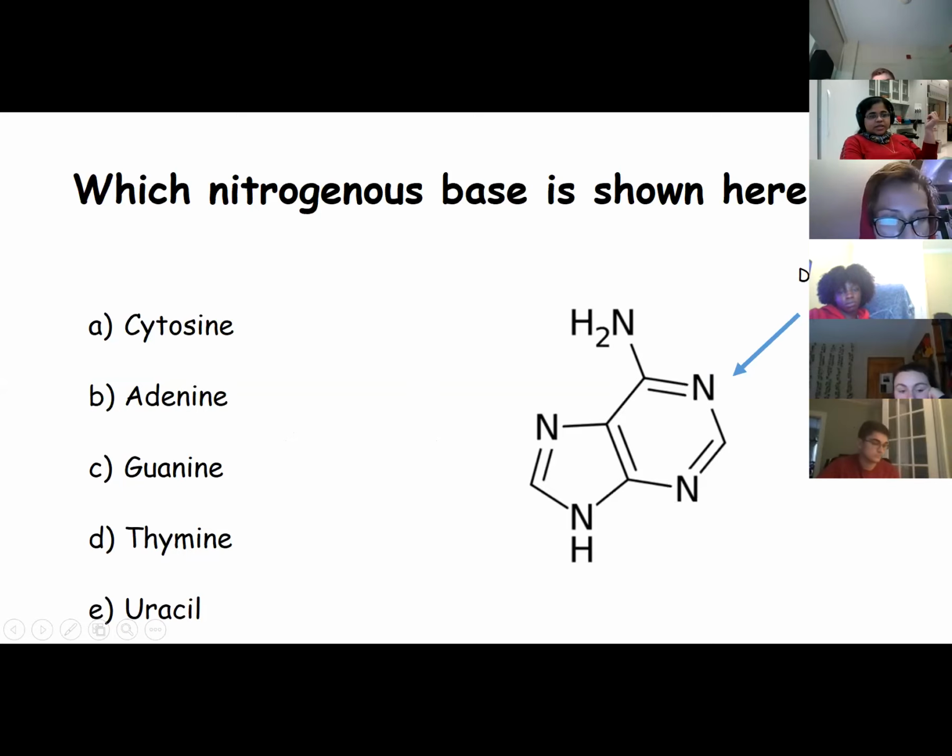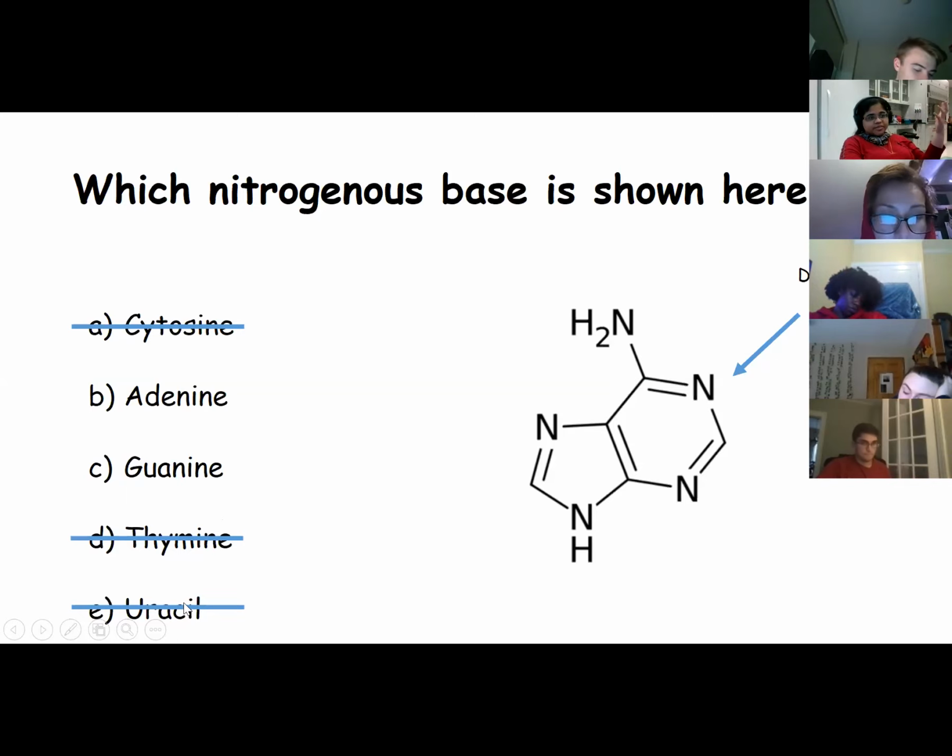So once we see purine, we cancel out cytosine, thymine, and uracil, because those guys are pyrimidines, which are single structured. And then you go into the differences between adenine and guanine. With guanine, you should already know for a fact that you'll have a carboxyl group up here.